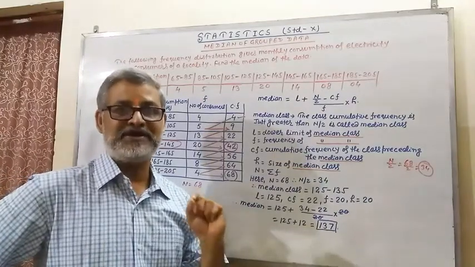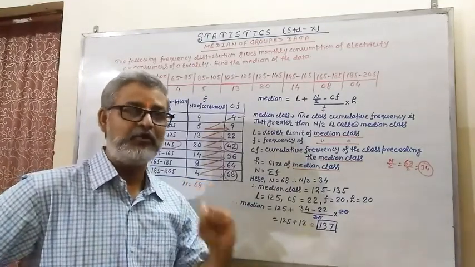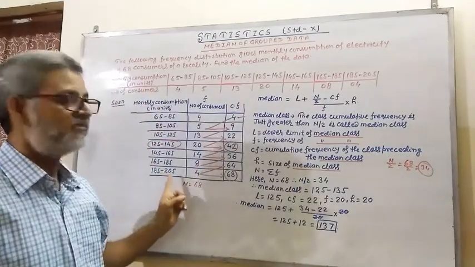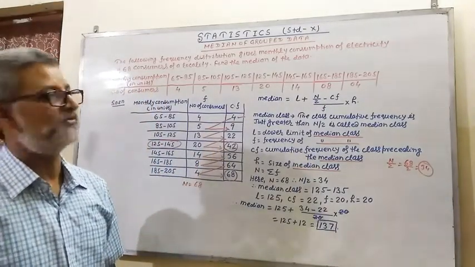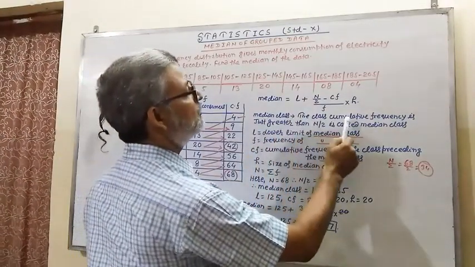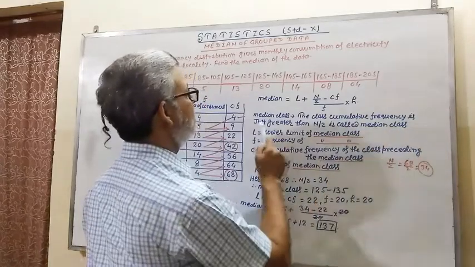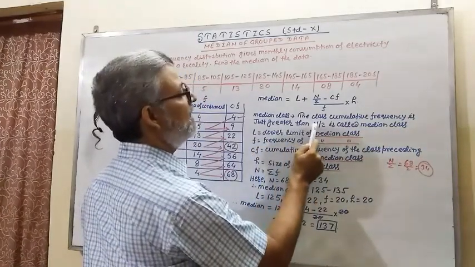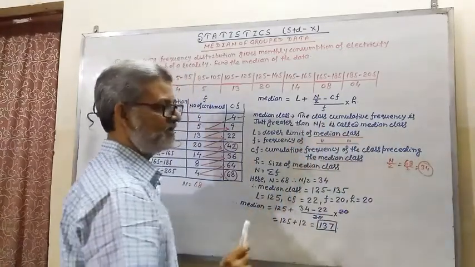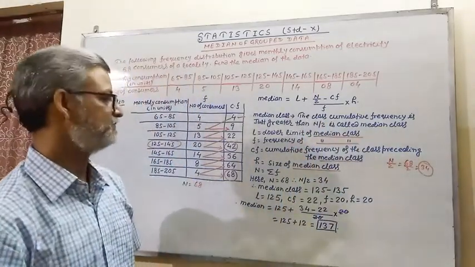Their corresponding class interval is known as the median class. Here I have written the definition also: the class whose cumulative frequency is just greater than n by 2 is called the median class. This is the definition, but you remember it in that way.